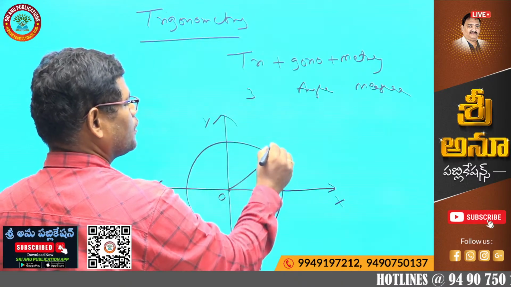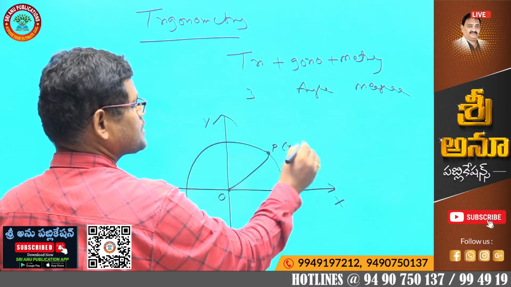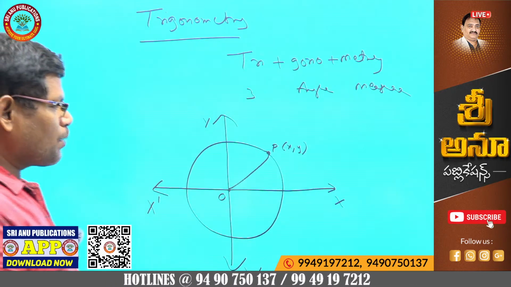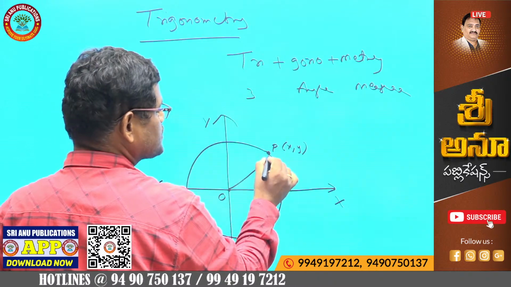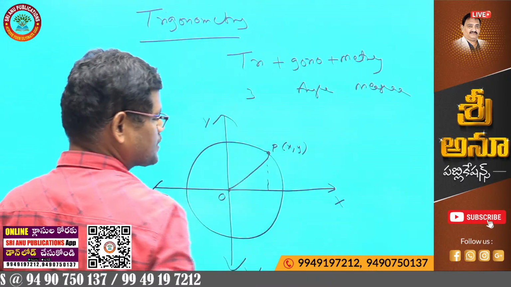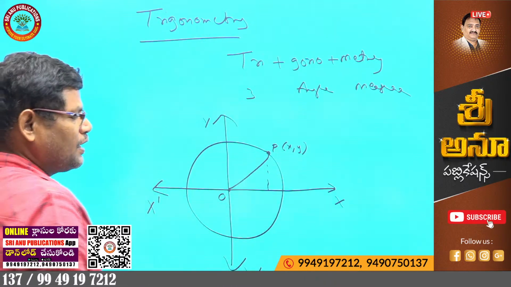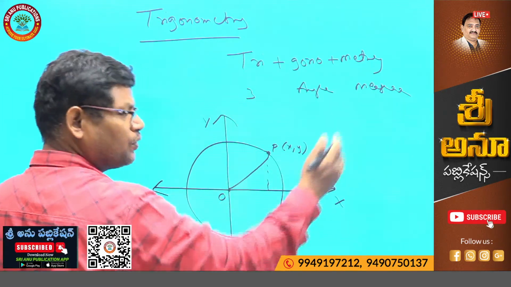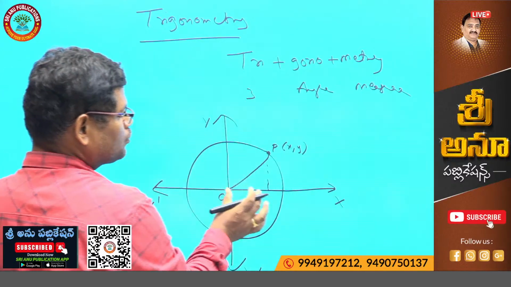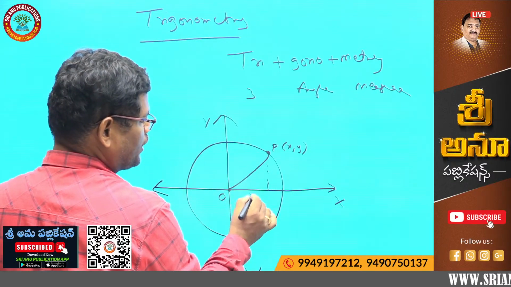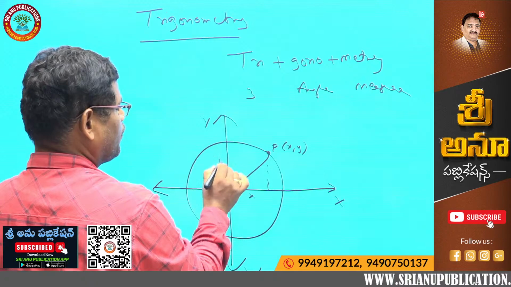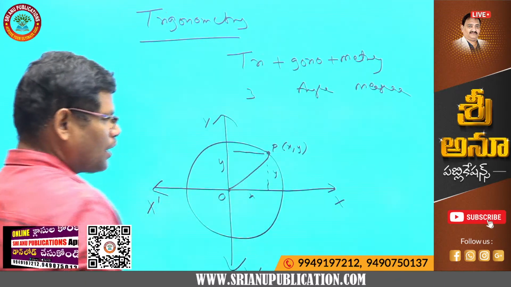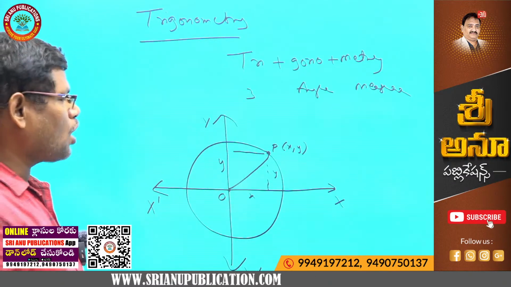The point P (x, y) has some distance from the x-axis. Here x1, x2, x3, x4, like that up to x values will be there. So this is the y-axis. In this one we are collecting all the points.